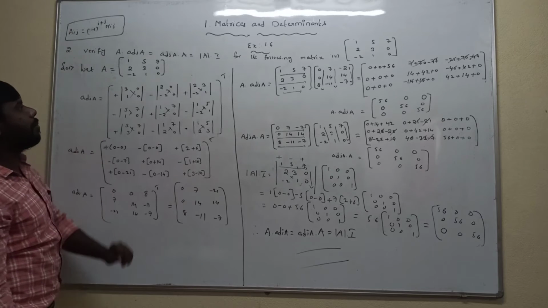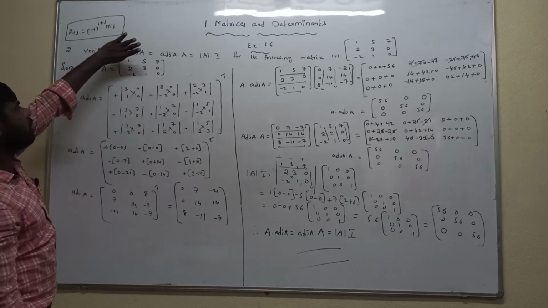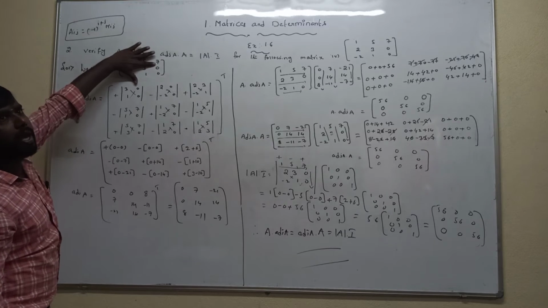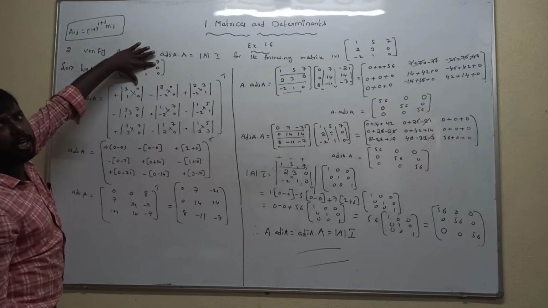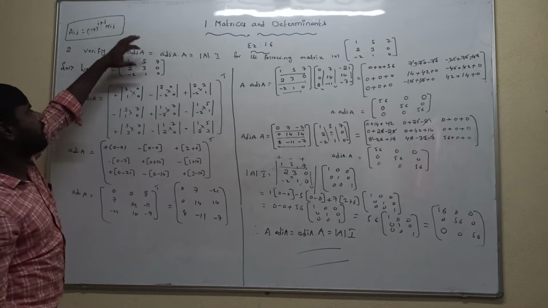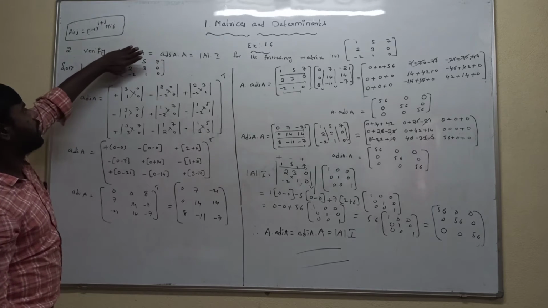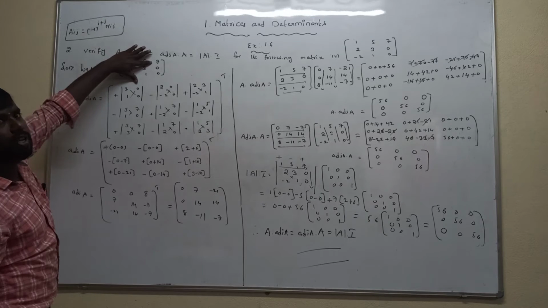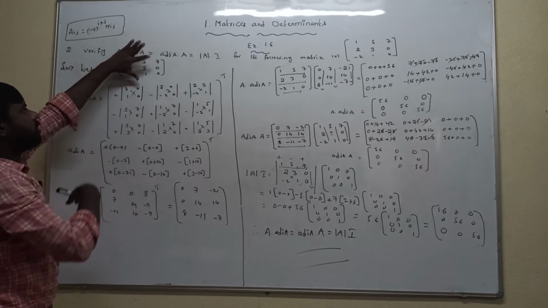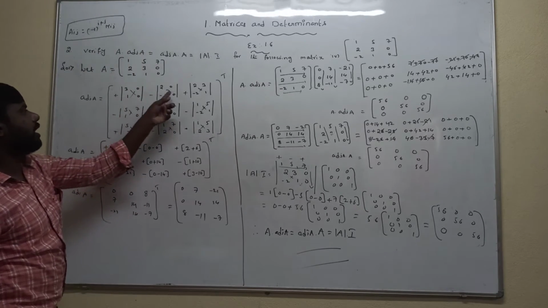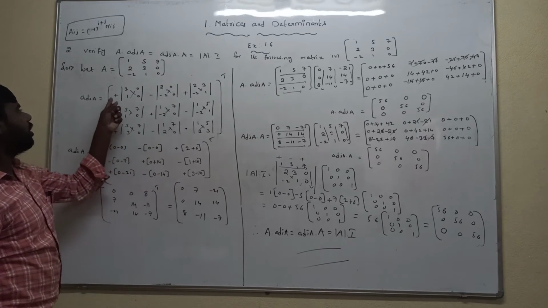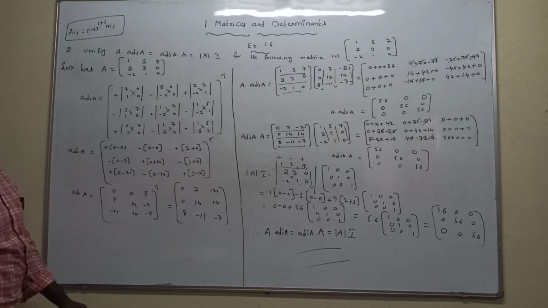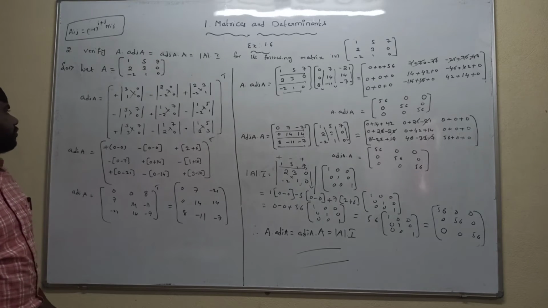The minor is obtained by deleting the ith row and jth column, then the determinant of the remaining elements is called a minor. First we write the minor elements. After that we put the sign. When you put the sign, it is called the cofactor of the element small aij.